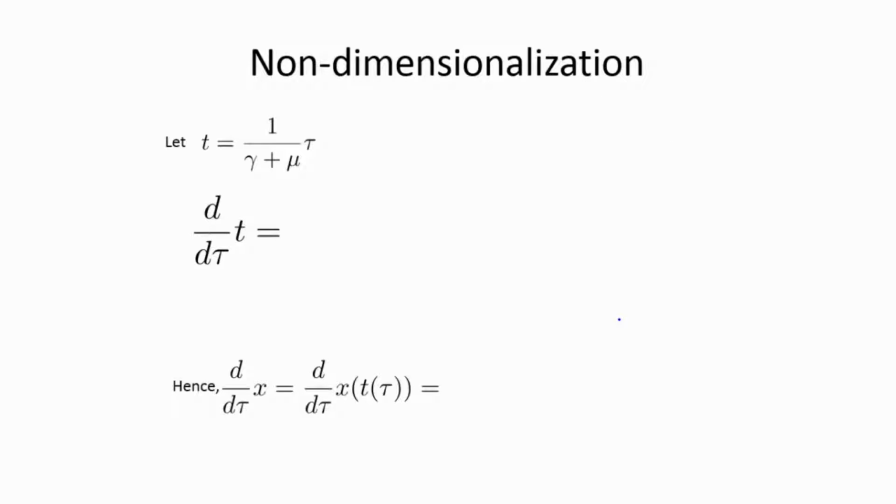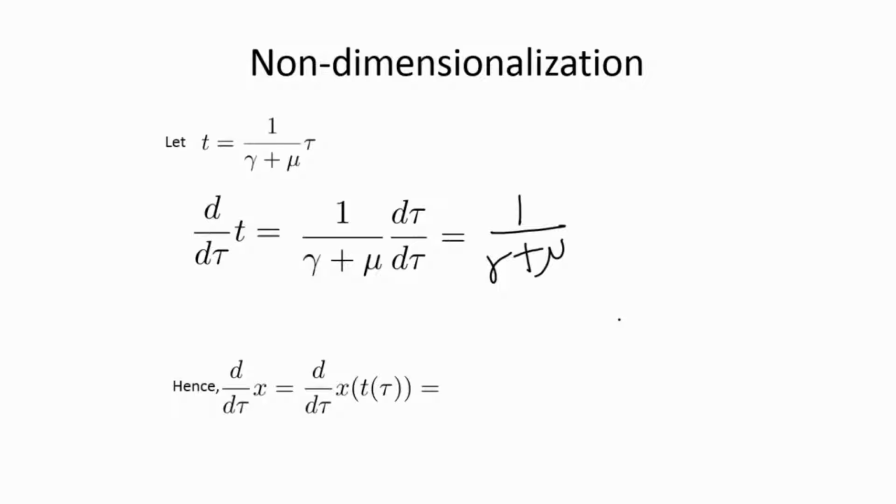If that is the case, then when taking the derivative of t with respect to tau, we take the derivative of the right-hand side with respect to tau. The infectious period is a constant, and the derivative of tau with respect to tau is 1. So this simply is 1 over gamma plus mu, which is the infectious period.